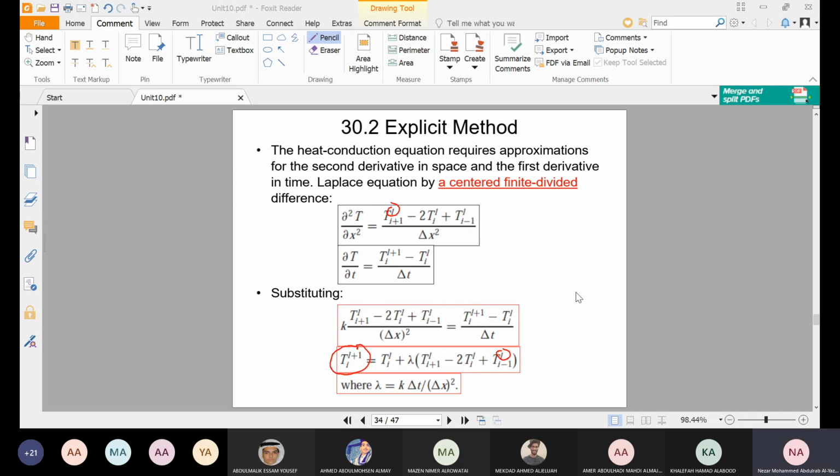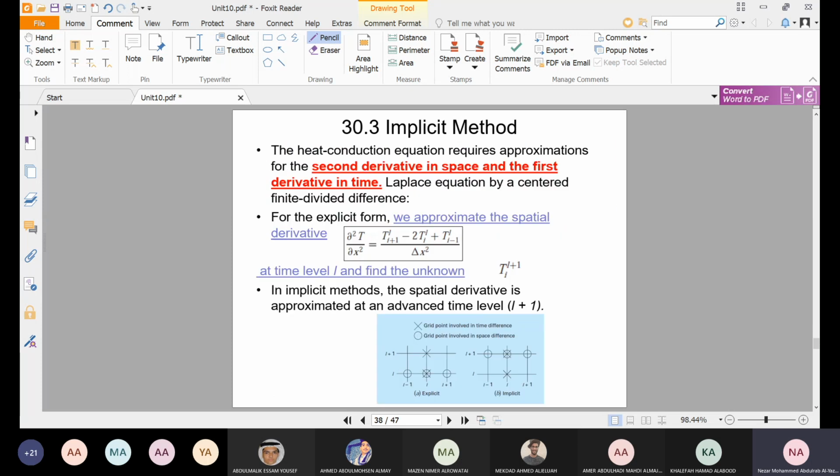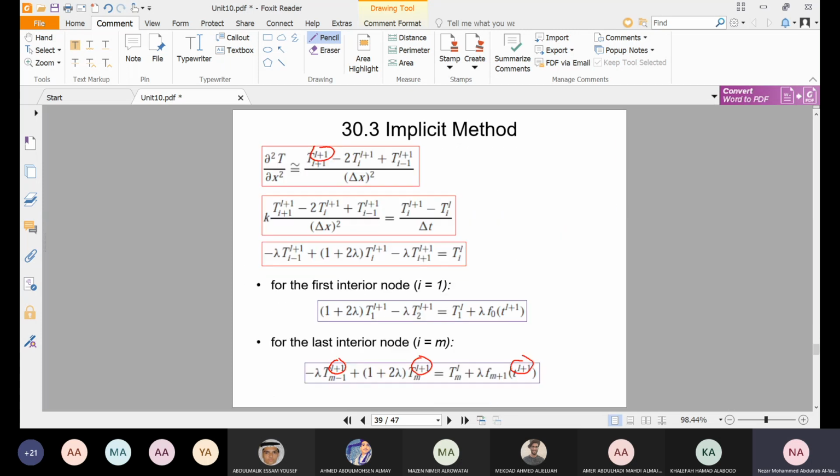Usually in the explicit method we use a central divided difference and a forward divided difference. This is a little different from the implicit method, where we use a central divided difference and a backward divided difference.